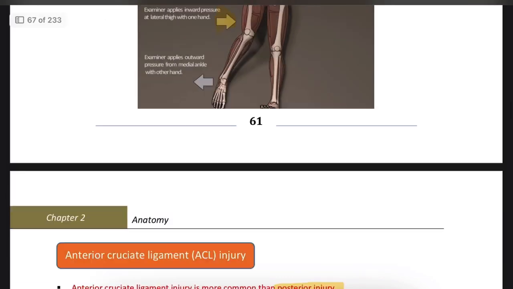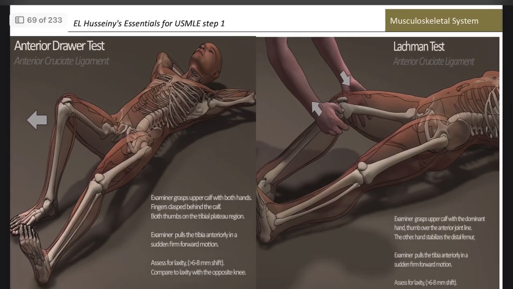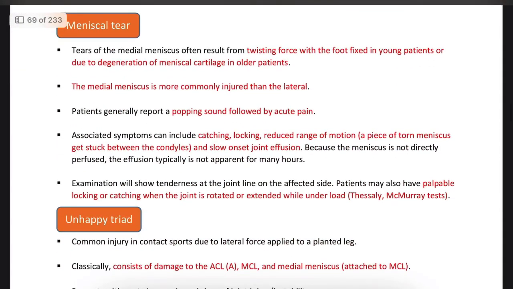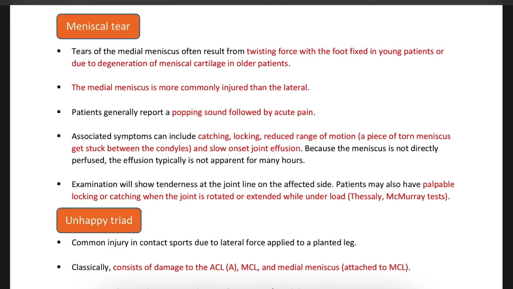Next we are going to discuss meniscal tear. The medial meniscus is more commonly injured. Why is it more commonly injured than the lateral one? Because the medial meniscus is subject to twisting force with the foot planted in young patients, and degeneration of meniscal cartilage in older patients.